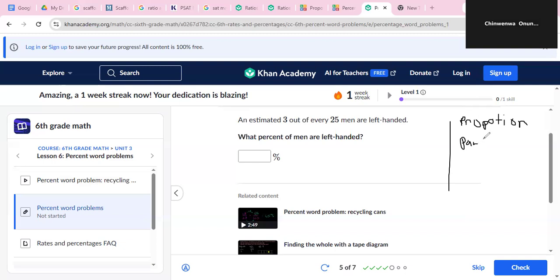So we have 3 out of 25 men are left-handed. What percent of men are left-handed? Remember, your percent is out of 100.